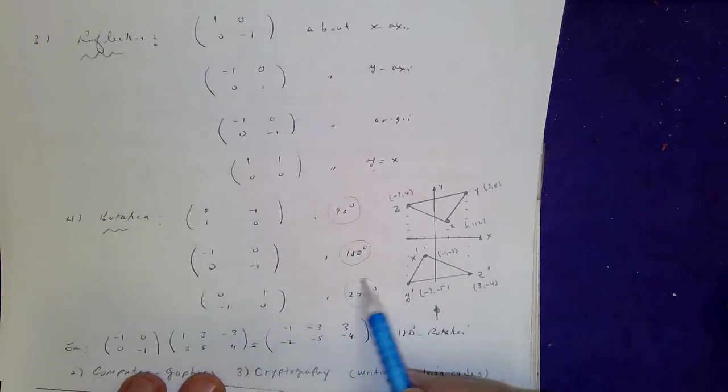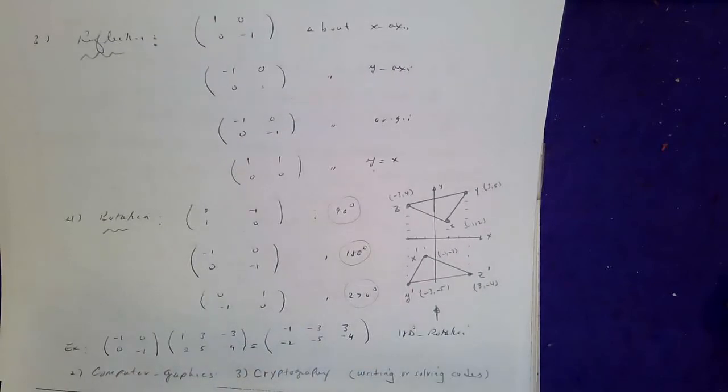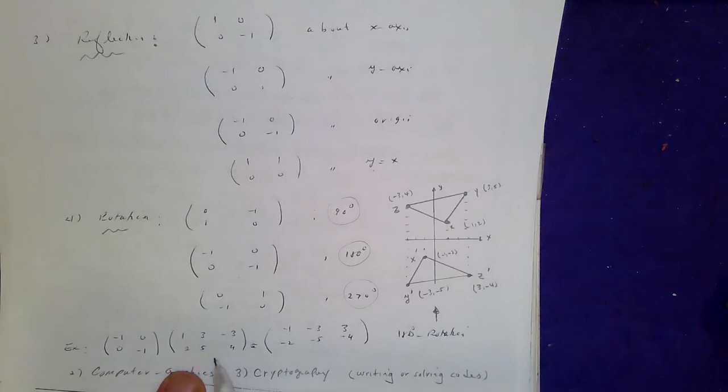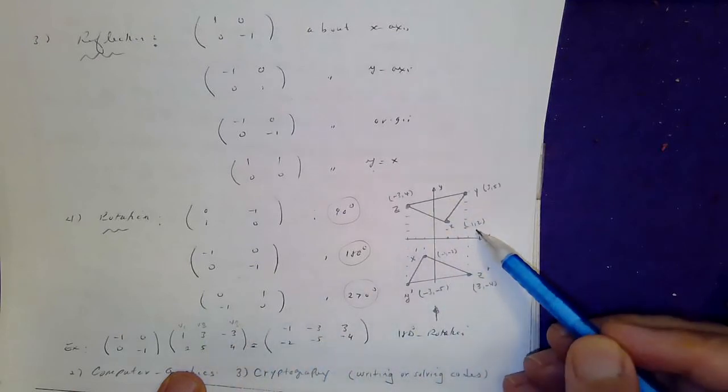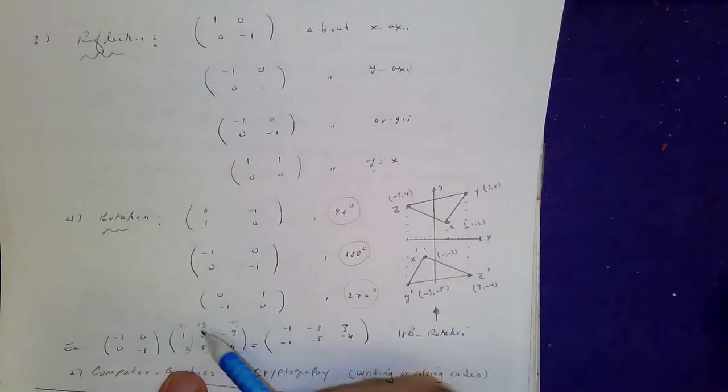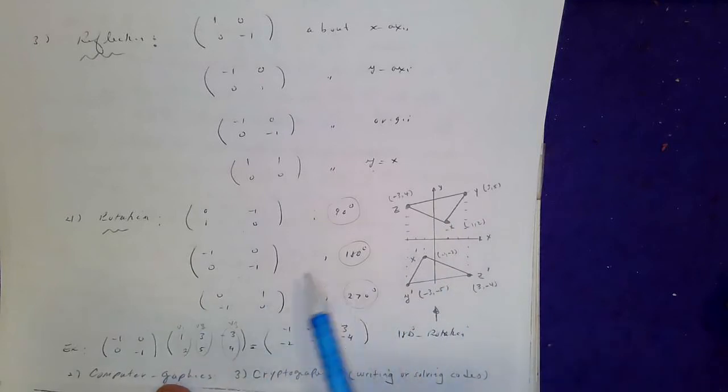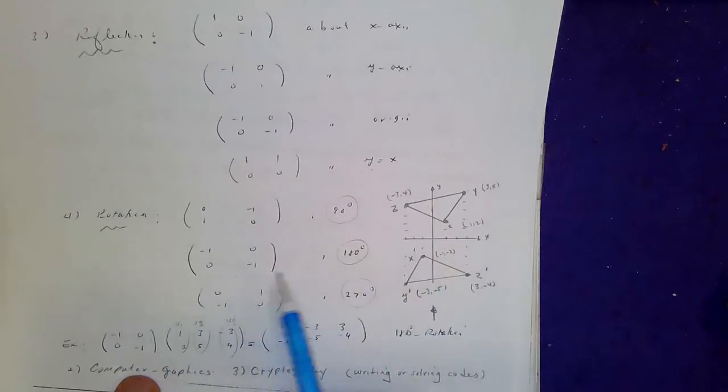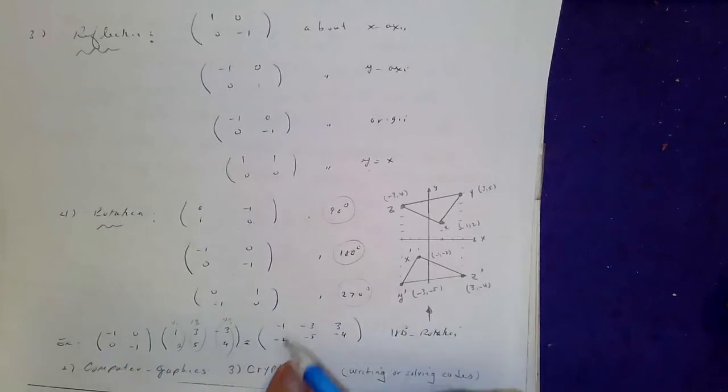This matrix generates 270. For instance, let's say I have this, which would be the vertices of a triangle, V1, V2, V3. There goes 1, 2, 3, 5, and -3, 4. Suppose I multiply this by this rotation of 180 degrees matrix, and lo and behold, I get this.